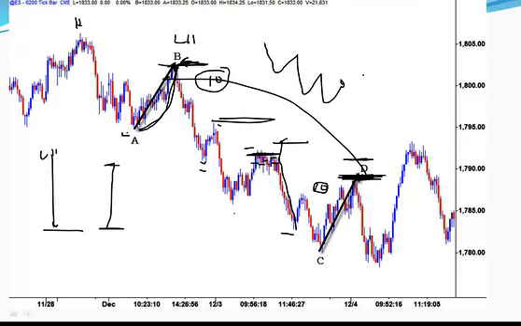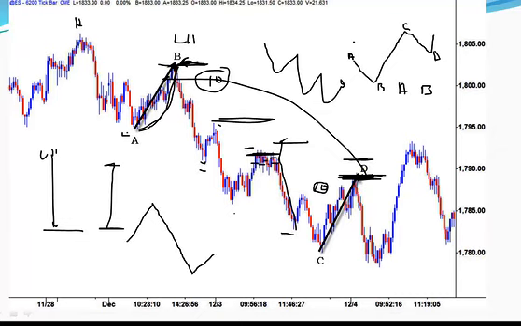Okay? So it looks something like this. If we draw it out, A to B, C to D. This is what we call an alt bullish, because on the D area, you'd look to buy. So that's an alternate bullish. A bearish would look something like this.